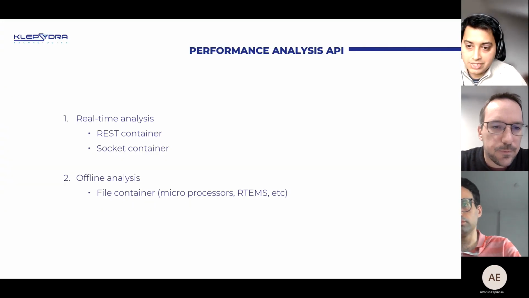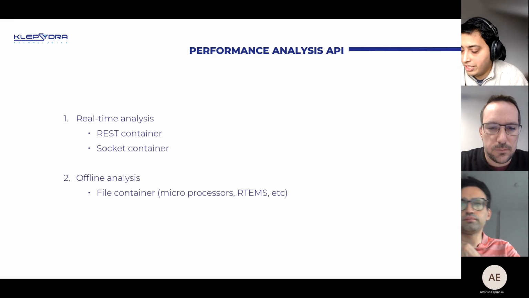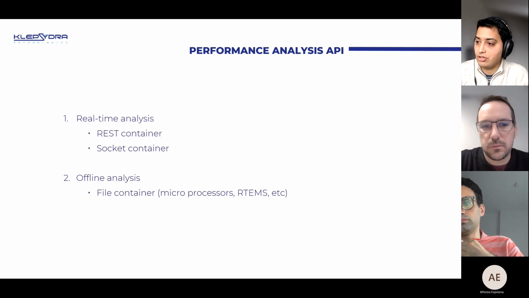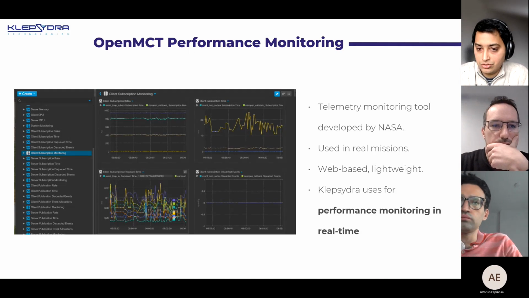We also have a performance analysis tool. With this, you can do real-time analysis using REST API or with sockets, or you can also do offline analysis by storing all the logs in a file. And one way we do this analysis is using the OpenMCT tool developed by NASA.